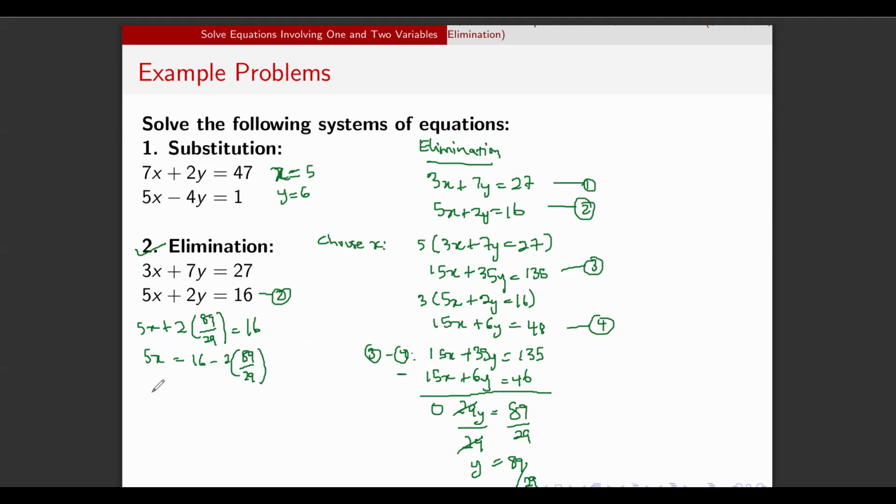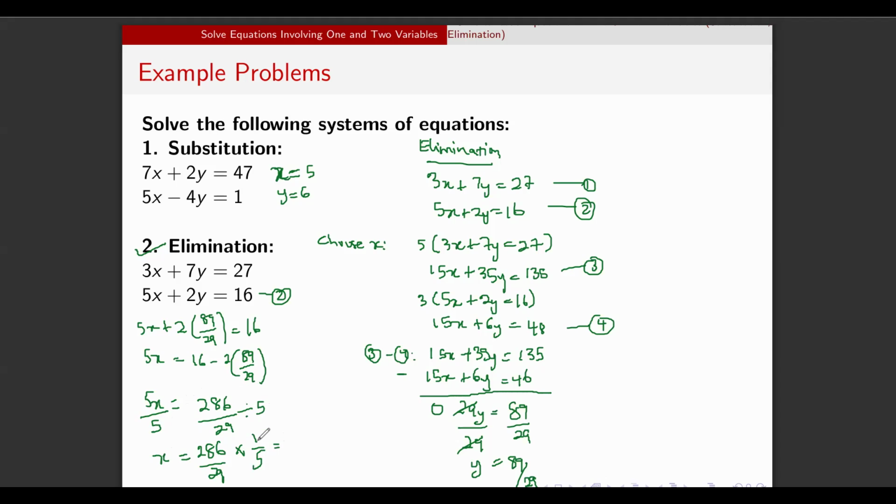So we'll say 5x is equal to 286 over 29. I must divide both sides by 5. So I'll have x being equal to 286 over 29 divided by 5, which is the same as times 1 over 5, and that's equal to 286 divided by 29 times 5.